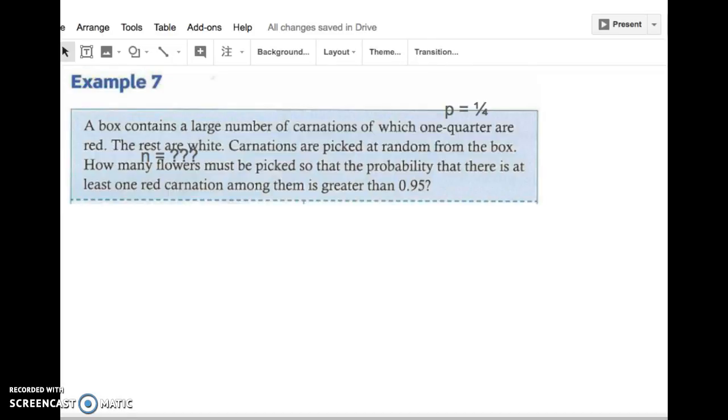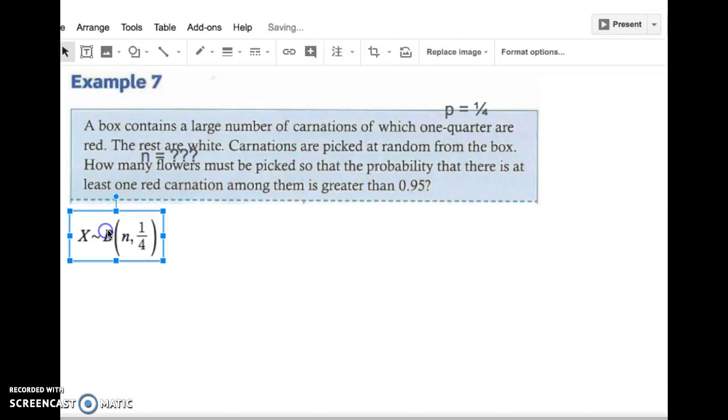But before we jump in and do any math, I should always start with the right math notation, which is my random variable X is binomially distributed, and my n is, I don't know what n is, and that's what I need to find, and the p in this case is 1/4.